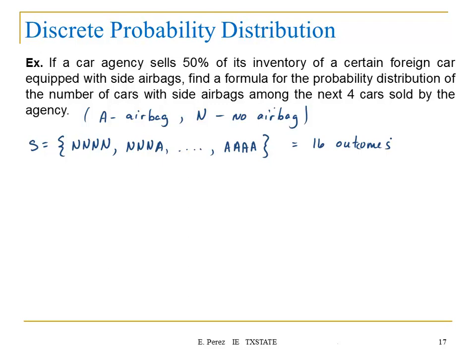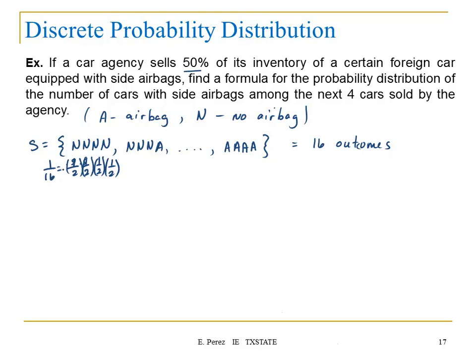The problem is also telling you that there's a 50% chance that each car will have airbags or no airbags. So you can basically say that for each car we have a 50% probability, which is 1 over 2. So if you multiply 1 over 2, 1 over 2, 1 over 2, and 1 over 2, this is going to give you 1 over 16.